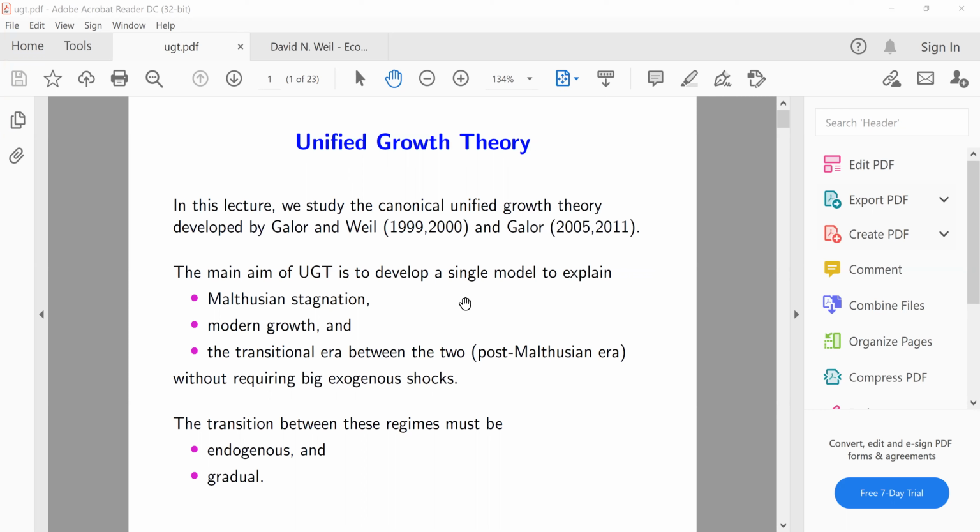So the main purpose is to explain, and this is somewhat ambitious as you see, develop a single model to explain all three regimes, okay? Malthusian stagnation, modern growth, and the transition between these two regimes. And we want to do that without requiring big exogenous shocks.